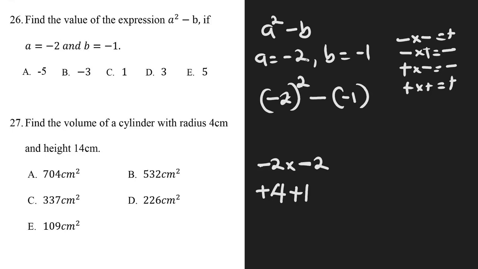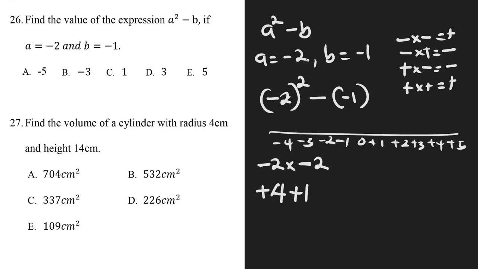So using a number line, how are we going to do it? You have a number line. We have 0, plus 1, plus 2, plus 3, plus 4, plus 5, and so on. Then we have minus 1, minus 2, minus 3, and so on. On the left hand side, whenever it's a negative number, you move to the left, and whenever it's a positive number, you move to the right.